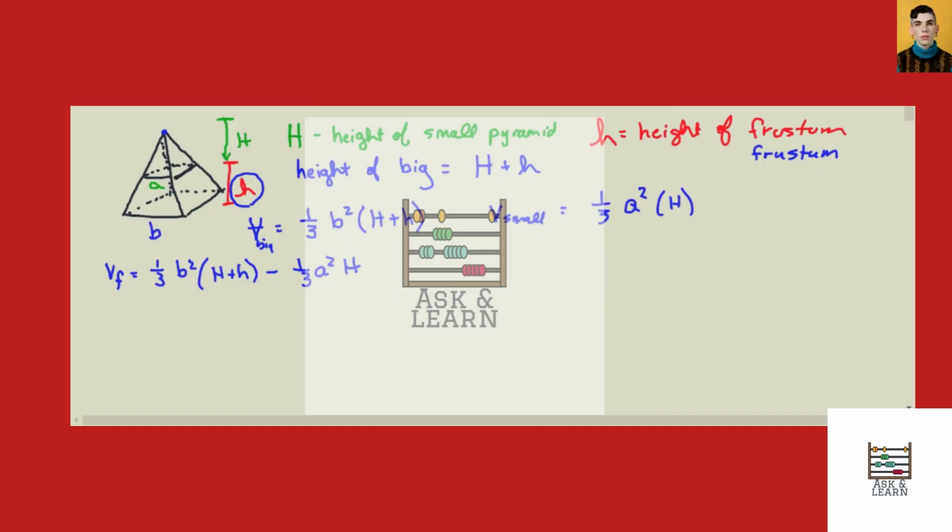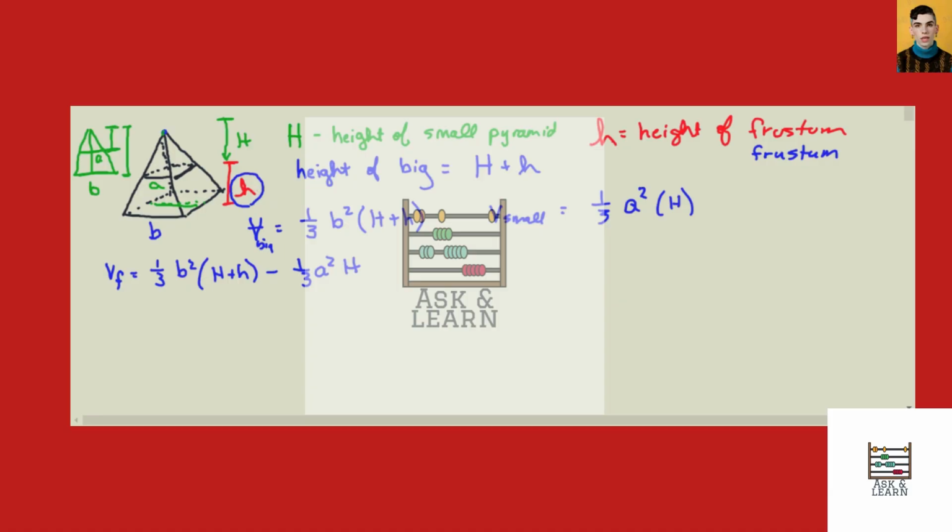If I look at a side view of the cross section through the center and through the vertex, perpendicular to the base and passing through the vertex, just a side view of this triangle, the base here is B, the base here is A, and the ratio of the height of the little triangle to the height of the whole will be the same as the ratio of their bases.